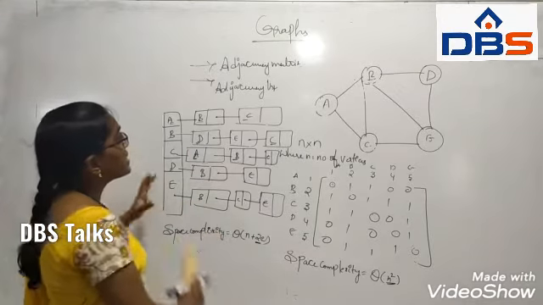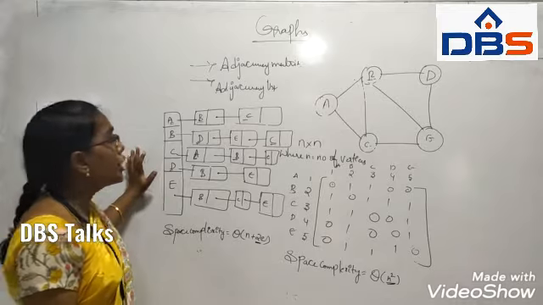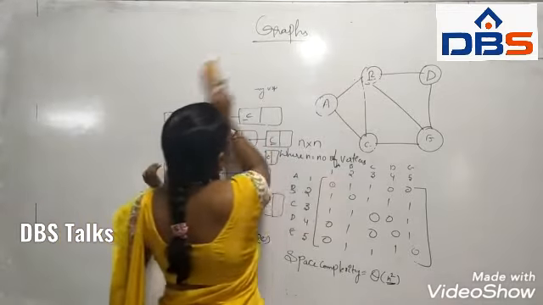Okay. Now let us see what are the different types of operations that we are going to perform on a particular graph. Okay.